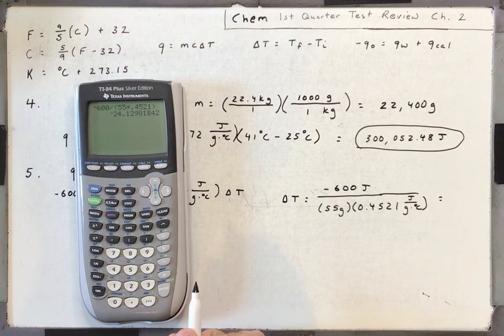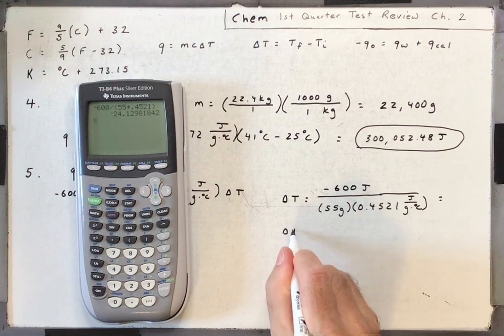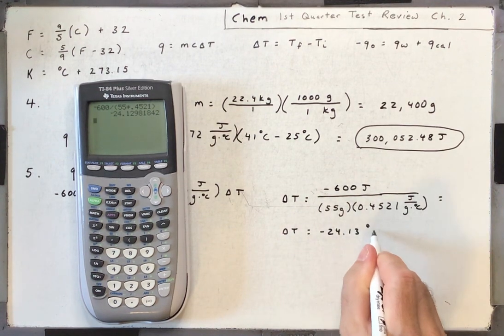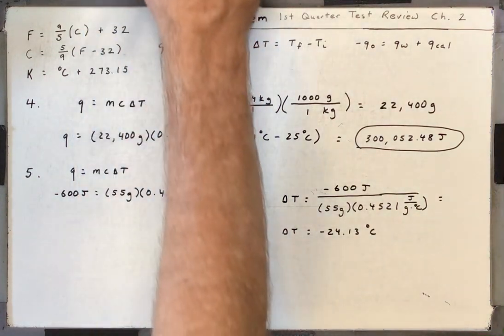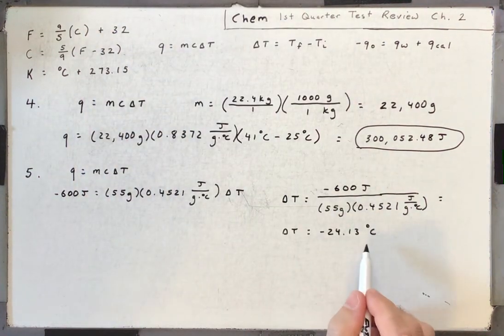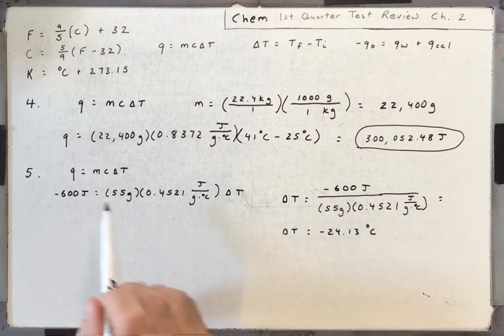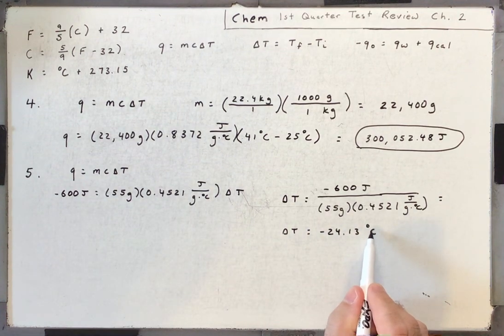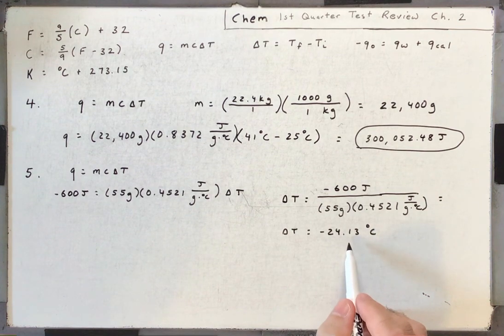And so that's negative 24.13 degrees Celsius. Okay, that's not the answer. That's the change in temperature. This piece of iron lost 24.13 degrees C of temperature, so it cooled down by that much.